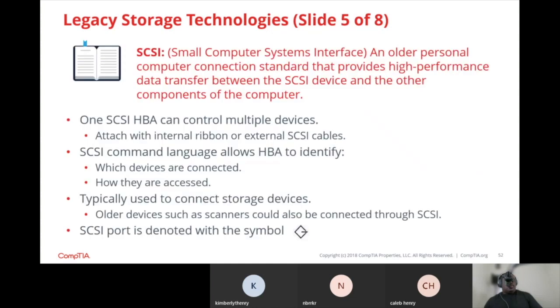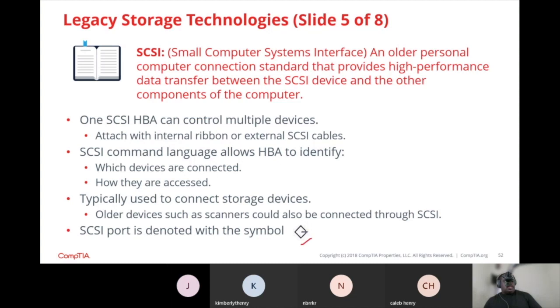SCSI, Small Computer Systems Interface. One SCSI HBA can actually control multiple devices. They are older personal computer connection standards that provide high performance data transfer between SCSI devices and other components of the computer. Typically used to connect storage devices.